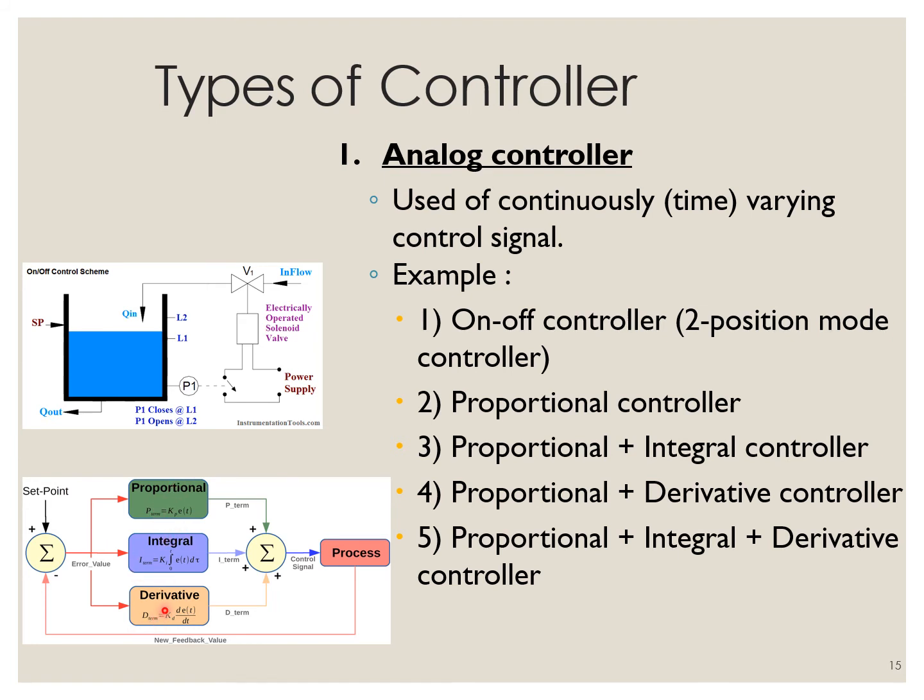It depends on the values that we key in inside the controller itself. For the P, we have this kind of equation, for I this kind of equation, for D this kind of equation.